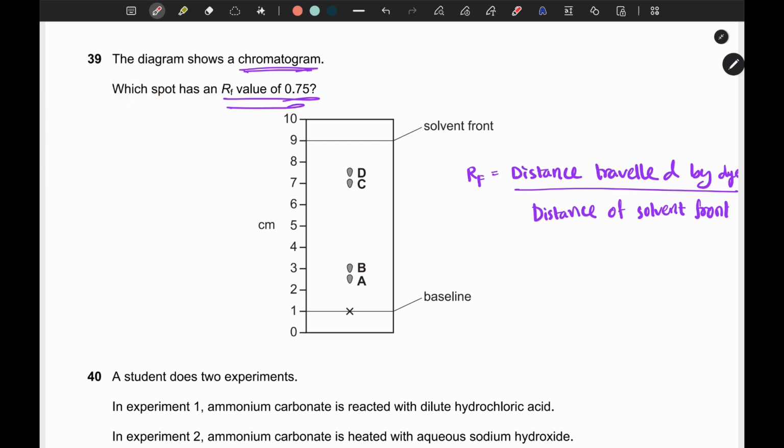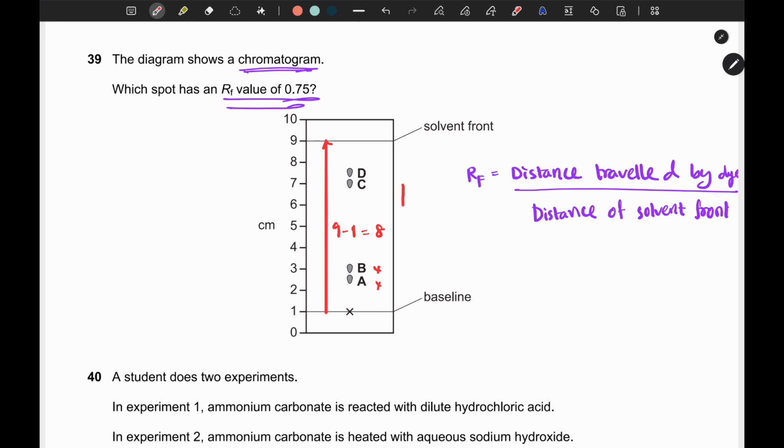So now if you were to apply that accordingly, we can easily see that since it's 0.75, it must be either D or C. Thinking about B and A would be a waste of time, because the distance has to be at least greater than 50%. So let's measure the distance of the solvent front. So it's from 1 to 9. If that is the case, it's 9 minus 1. So the distance for the solvent front is 8.